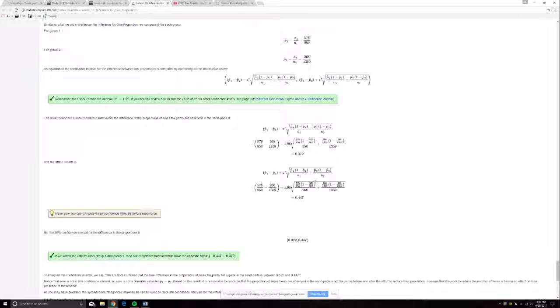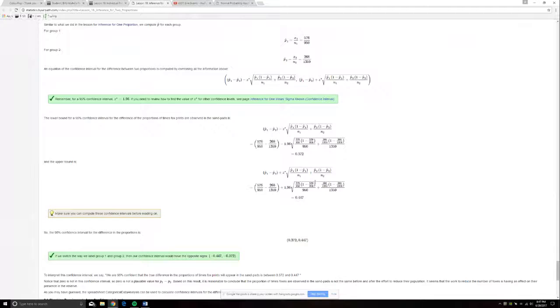Yeah. And then parentheses, plus the square root of 0.712 times 1 minus 0.712 divided by 59.